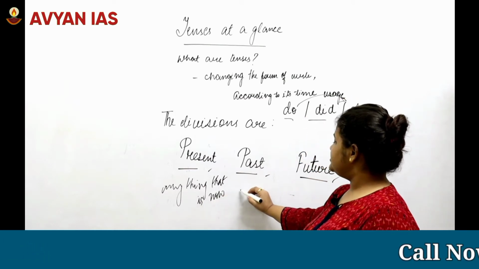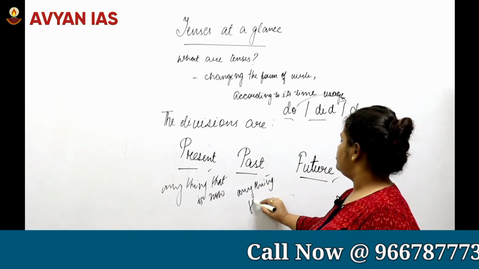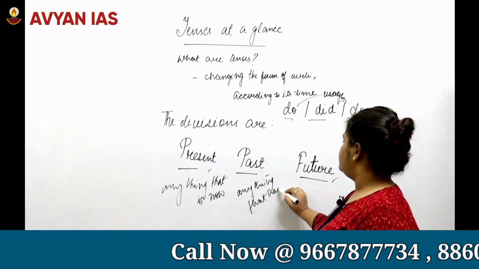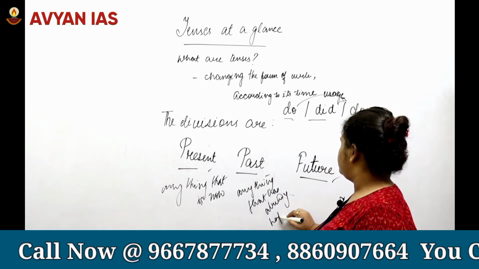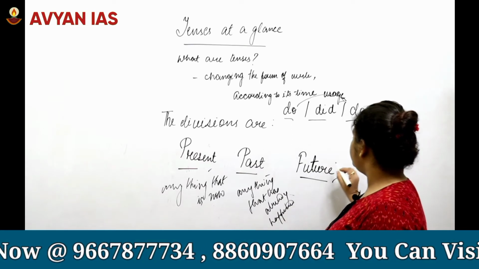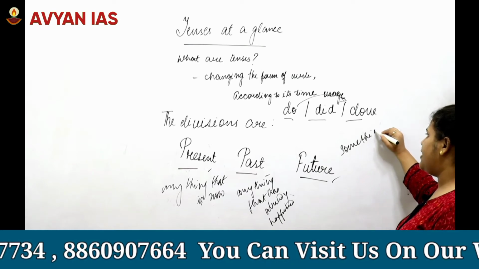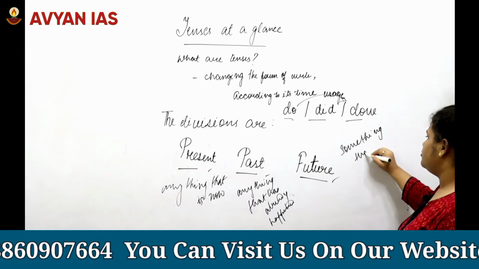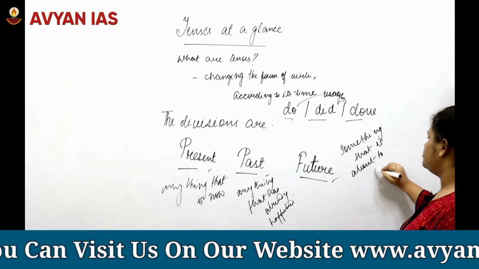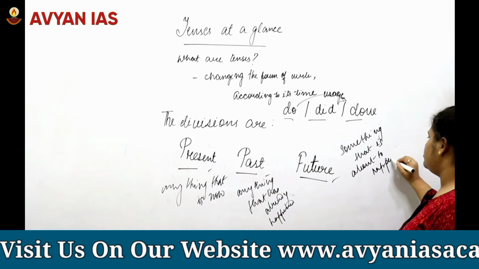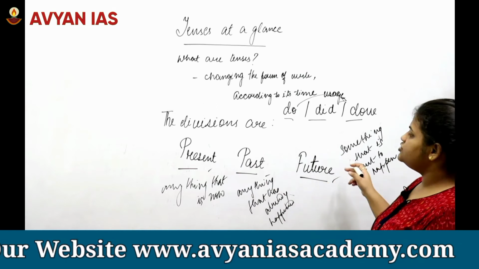The past tense is anything that has already happened. And the future tense would be talking about something that is about to happen. Okay, so these are the rough broader divisions of the tenses.